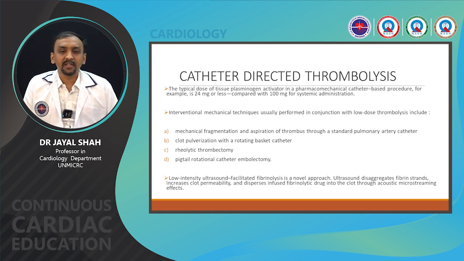Low intensity ultrasound facilitated fibrinolysis is also a novel approach, and ultrasound disintegrates the fibrin strands, increases the clot permeability, and disperses the infused fibrinolytic drug into the clot through the acoustic microstreaming effects.